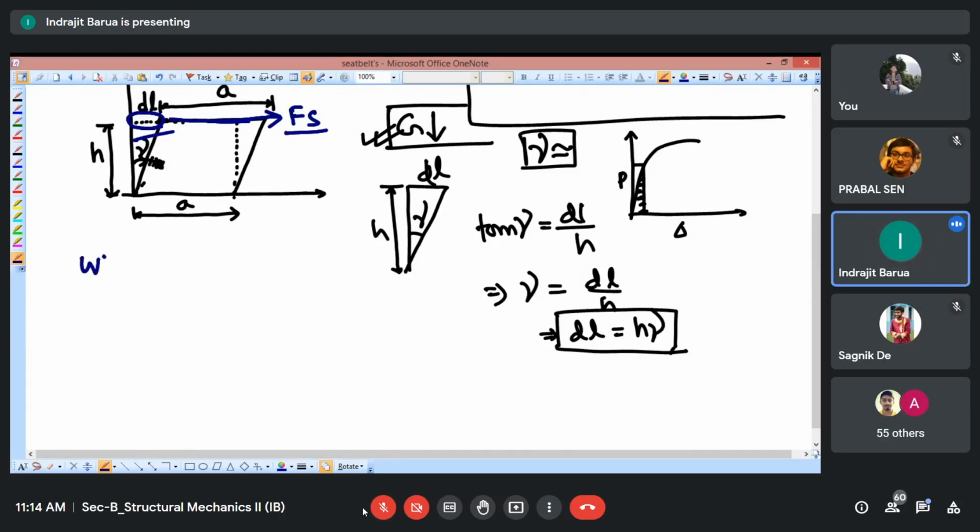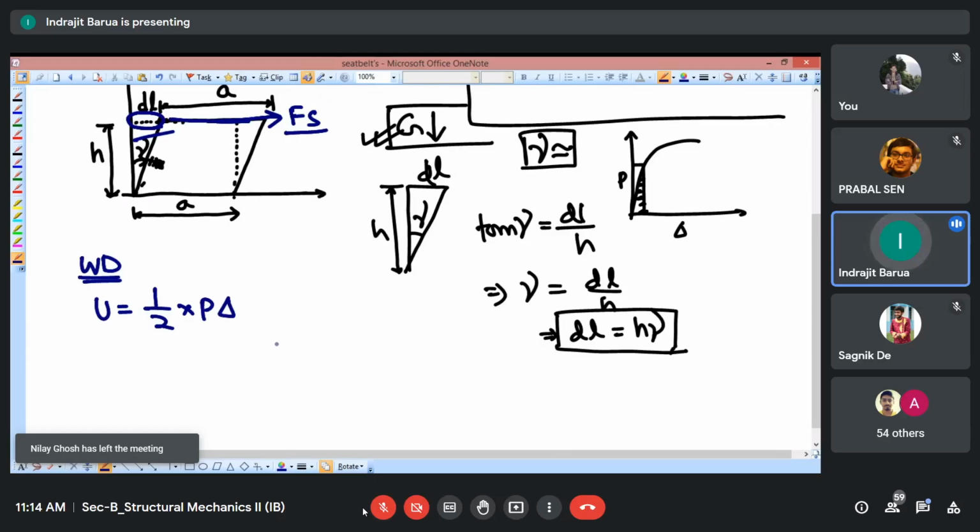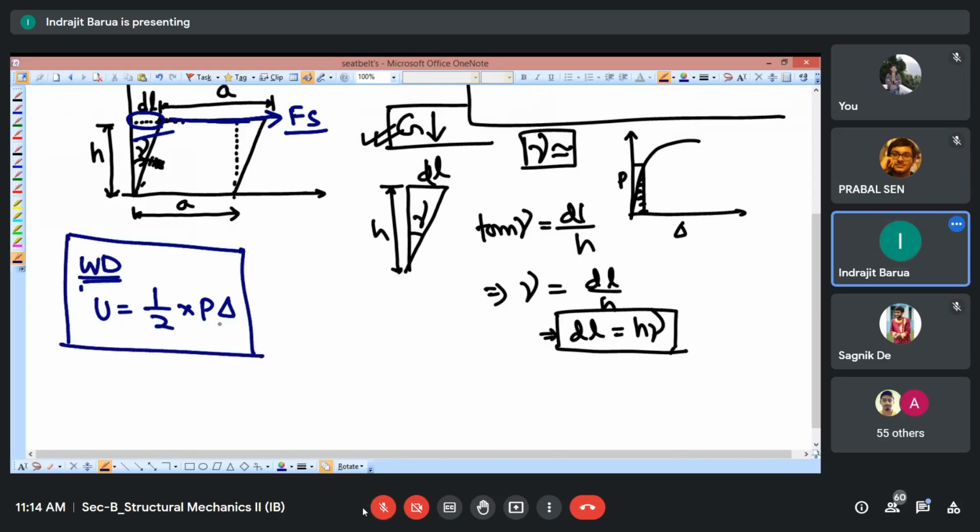Work done, let's say, I'm just writing work done, U equals to half into P into delta. We write it like that. And you obviously know that for a normal case, we get this equation. In this format, we get other equations also: half into force into displacement. But here it will be with respect to the shear stress.